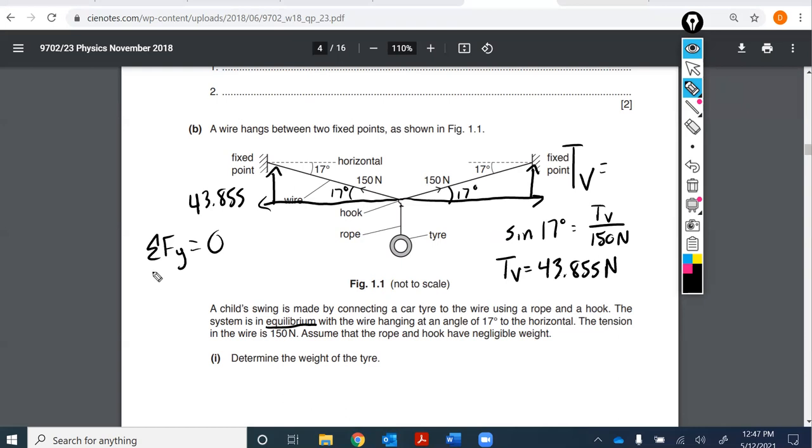And so if there are 87.7 total newtons acting up, then that's how many we have to subtract away acting down to equal the net force of 0, which is what equilibrium means, right? The sum of the forces adds up to 0. And so if that's my ups, then there's my downs, and that must be the weight of the tire, 87.7 newtons, right? The combined weight is a V.